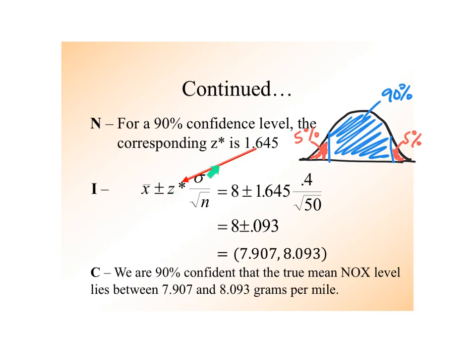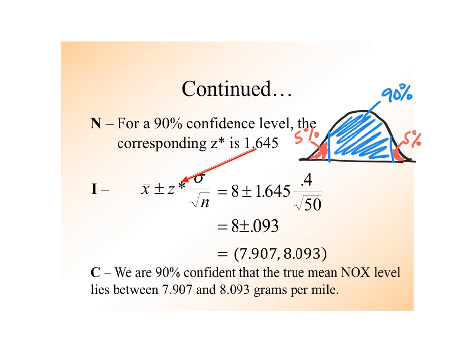Then we got a z-score of 1.645, and then the standard deviation is 0.4 divided by the square root of 50, because we sampled 50 trucks. So calculate this. The margin of error, if I calculate it here, it's 0.093, and then I'm going to add it and subtract it from 8. And so I have a lower bound and an upper bound. This is my interval.